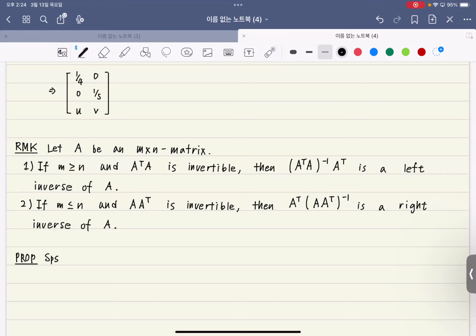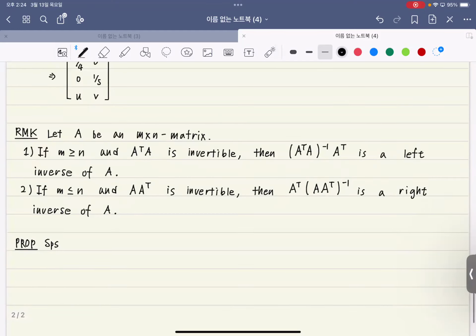Rank 1 means that your matrix has only one linearly independent column, right? So except for the non-zero one, all the other columns are nothing but scalar multiples of the first one. Then in that case, if your matrix has rank 1, you can actually factorize the matrix into a column vector times a row vector.